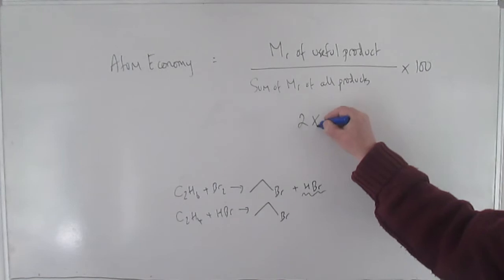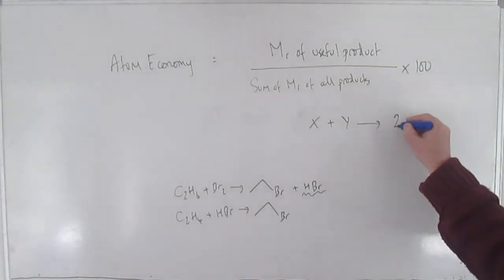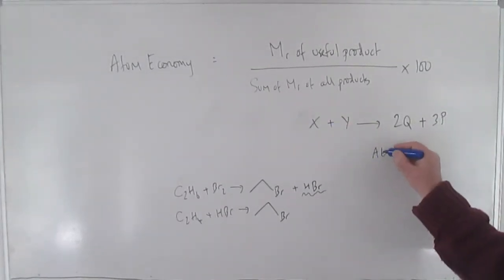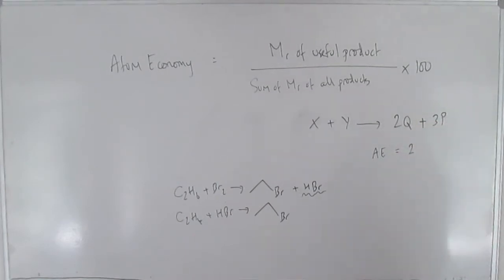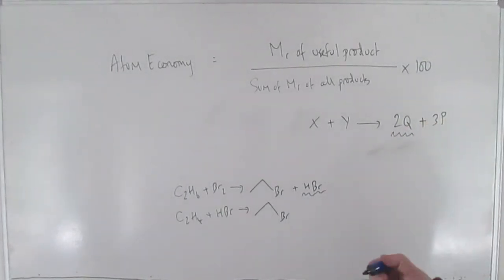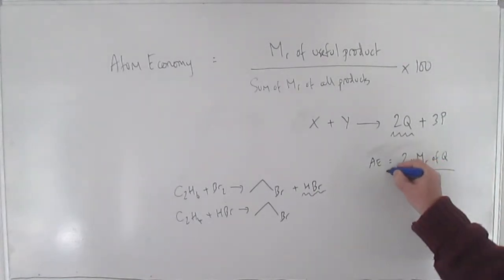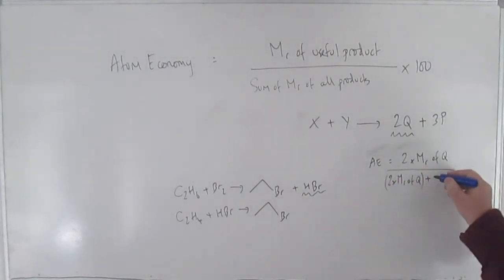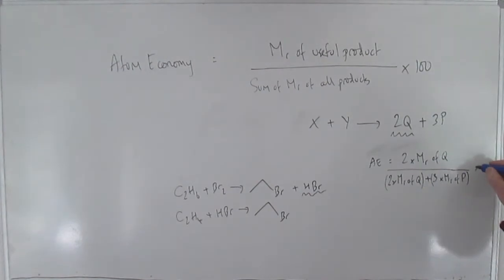So, if you have X plus Y goes to 2Q plus 3P, then if Q is your desired product, your atom economy would be equal to 2 times the MR of Q, divided by 2 times the MR of Q plus 3 times the MR of P, all times 100.